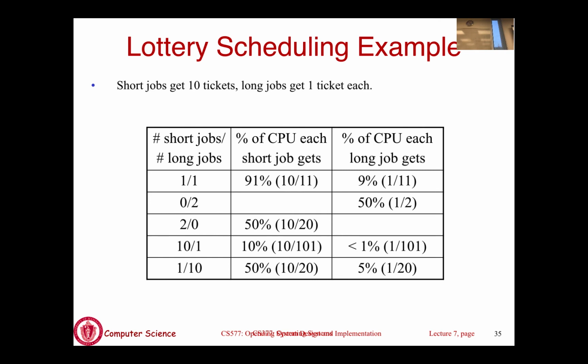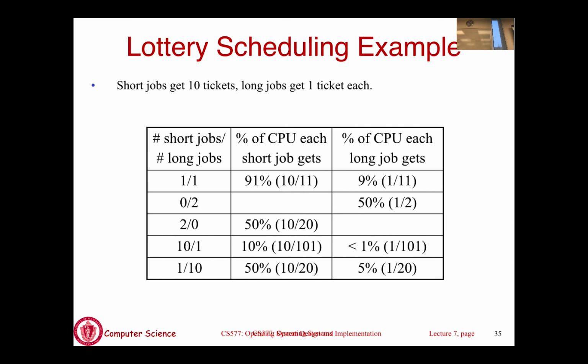If you create multiple virtual machines on one physical machine, you can use variants of lottery scheduling to say this virtual machine has more jobs running in it, I want to give it 60% of the total CPU cycles, and this one needs 30%. So you can essentially partition your CPU. This is not trying to discriminate between IO or CPU bound. It's simply saying I want to give X% of the CPU to this job. How do I do that? That makes sense, right? So that's what it's actually used for.